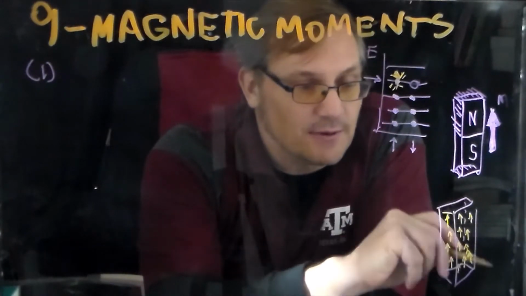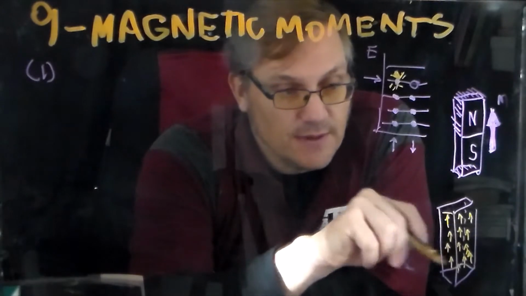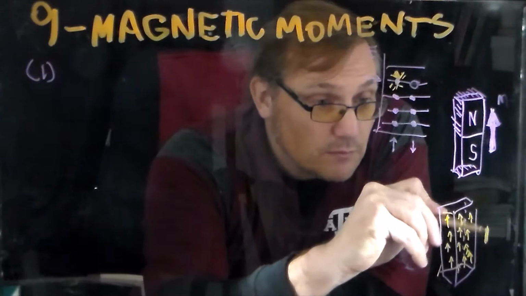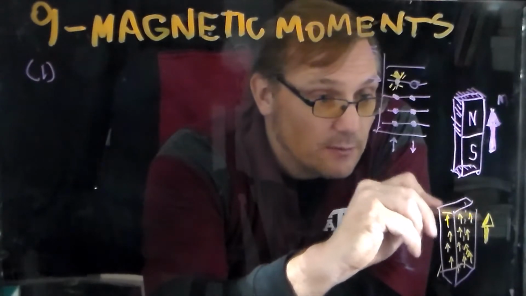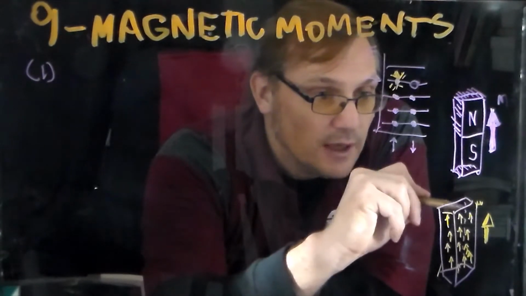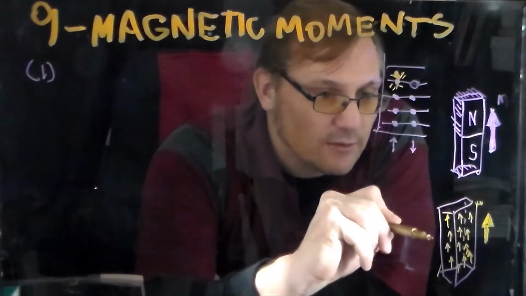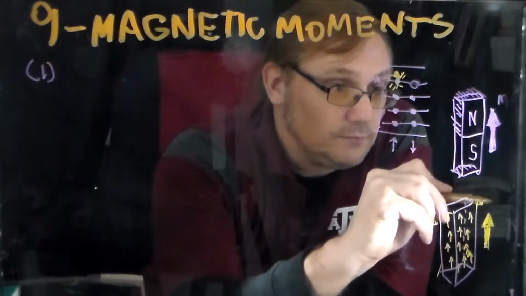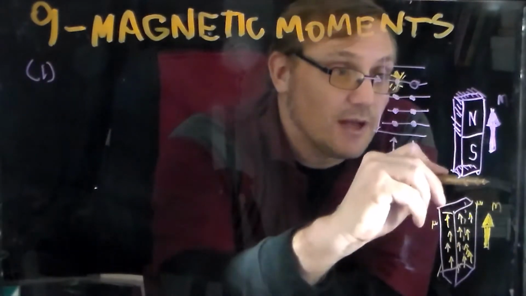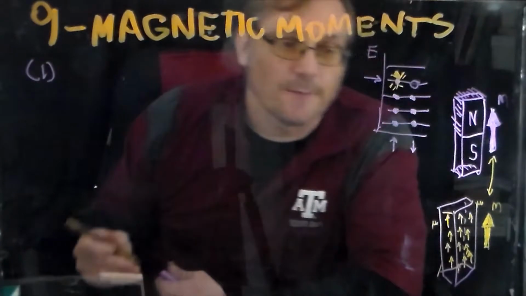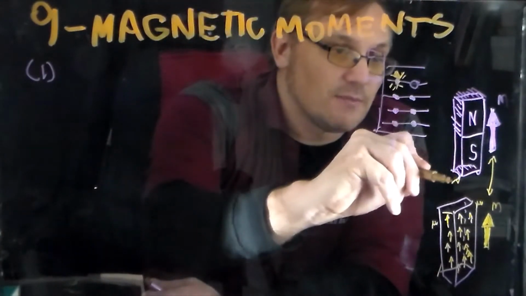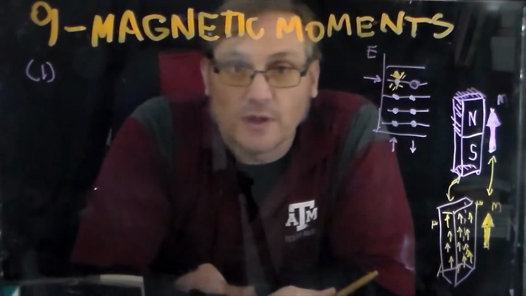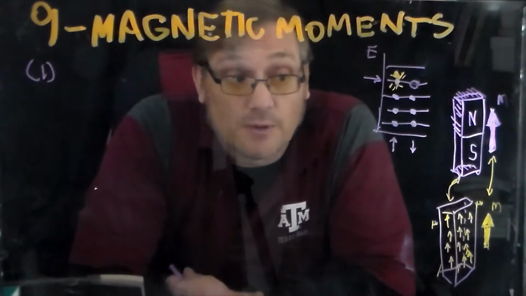I hope I pronounced that right. And this thing produces a magnetic moment. So you add up all of these little baby moments. Each one of these electrons has a magnetic moment, let's say mu. And you add them all up and you get the same dipole moment that you get here. So these are the same thing. Add them all up, you get your magnetic moment, and that is your permanent magnet.